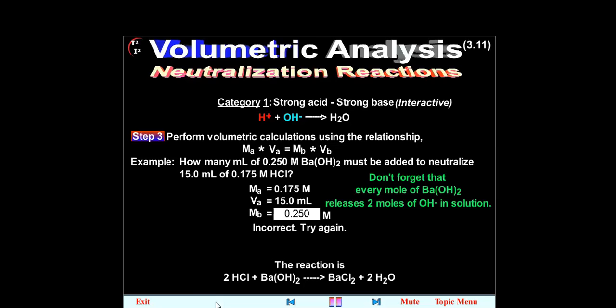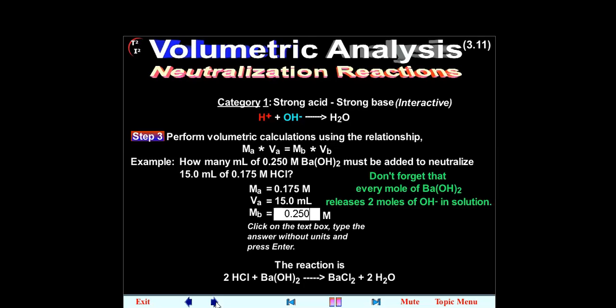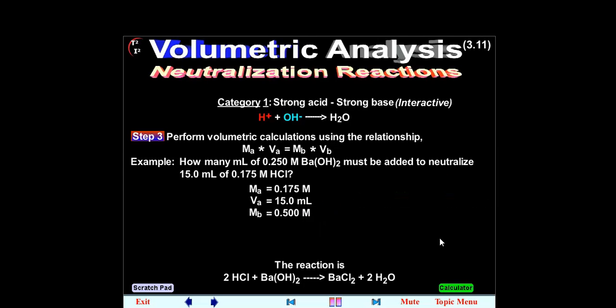Incorrect. Try again. Mb equals... Remember that you have 2 moles of OH on barium hydroxide, so that means it's doubled. 0.500 molar. Vb is to be calculated.